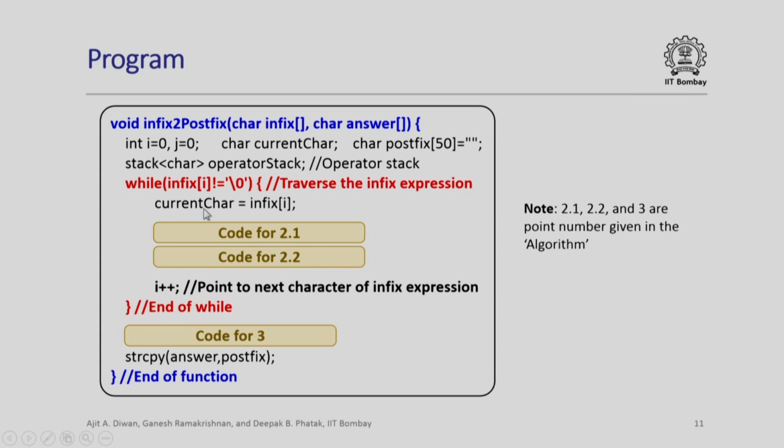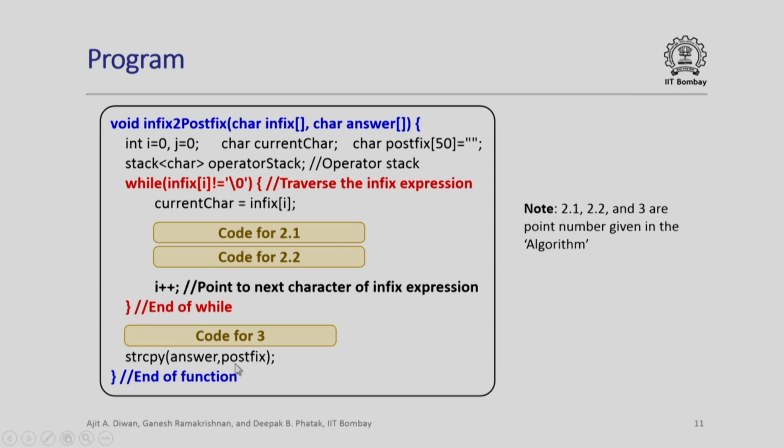There are 2 or 3 segments which will handle this current char. We have identified them arbitrarily as 2.1, 2.2, the 2 segments of the code which will follow one after another. After this, i is incremented and the next character is examined. When the entire traversal is complete, there is another segment which will possibly help us assemble the final output.